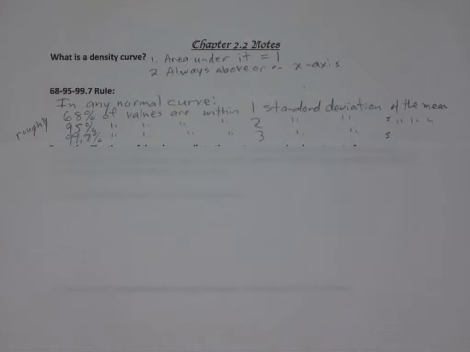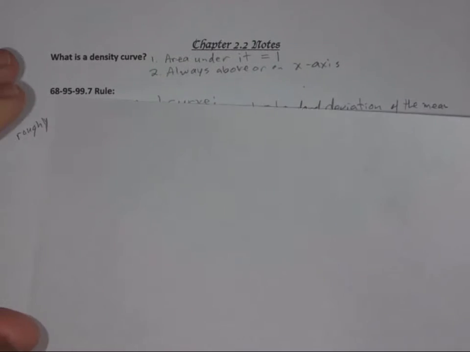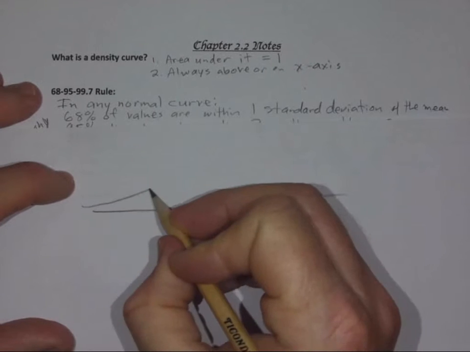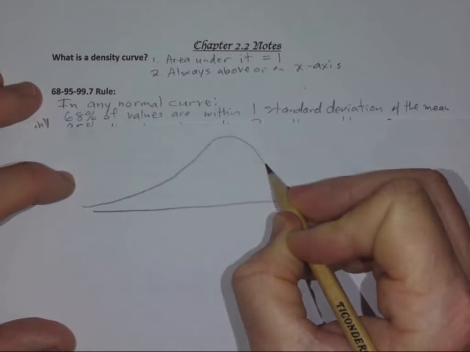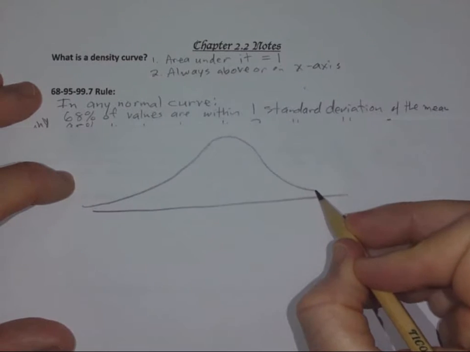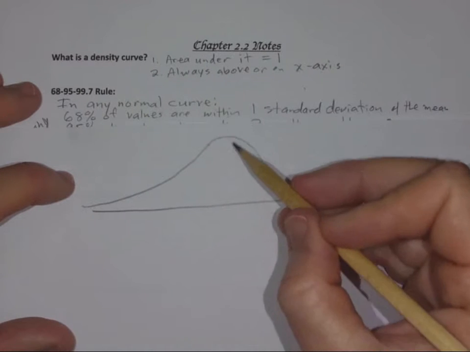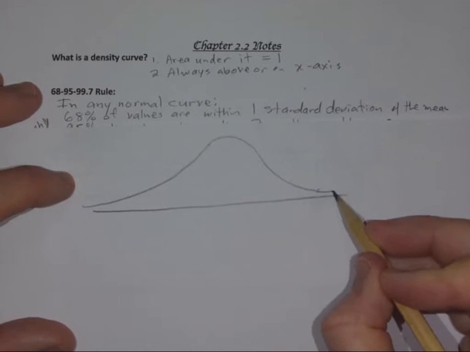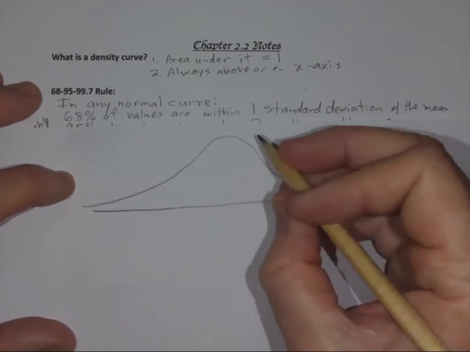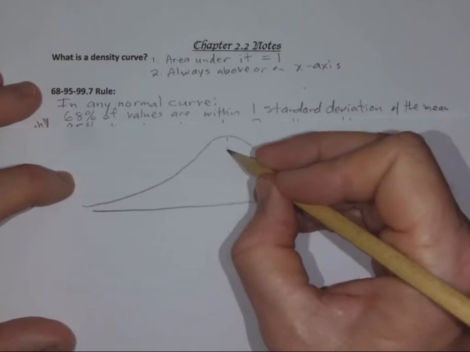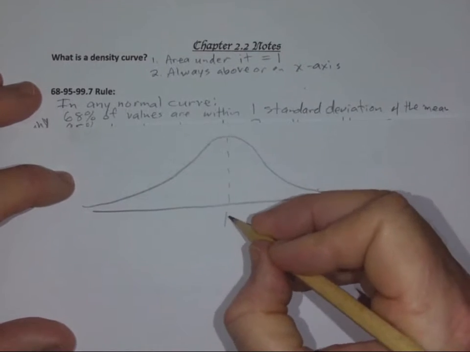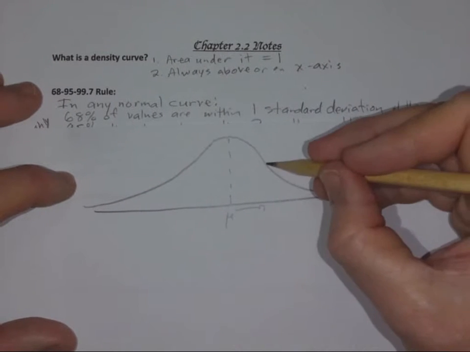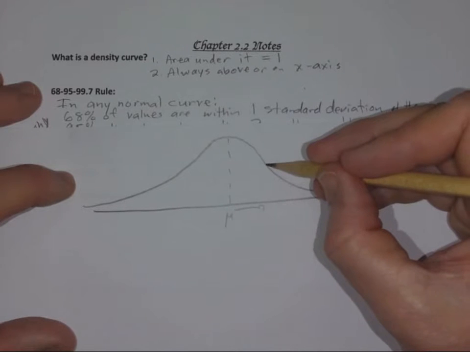So in a normal model, let's say it typically looks like this. Sometimes normal models can be taller or shorter than this, depending on what your standard deviation is. Here's the mean, which we typically call mu or x bar. 1 standard deviation to the right is halfway down this hill at this inflection point.